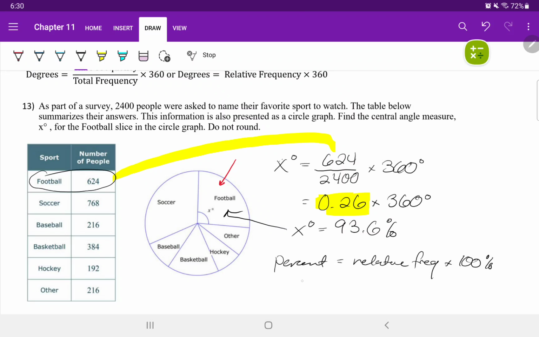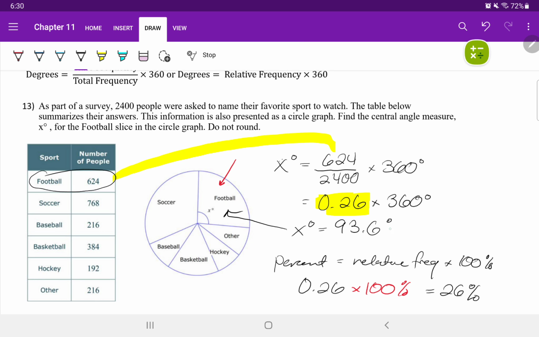So I can take my 0.26, multiply that by 100, and that equals 26%. So 26% of the people in this survey prefer football as their favorite sport to watch. And the degrees for 26% is 93.6 degrees.